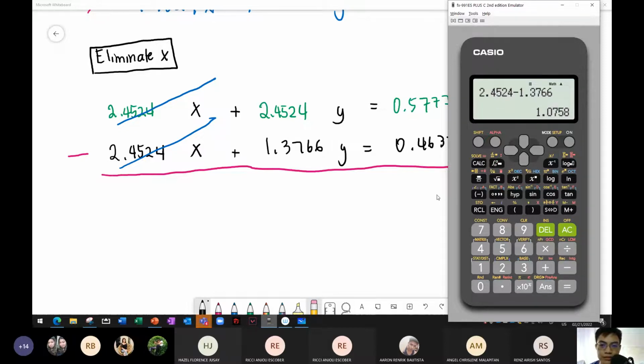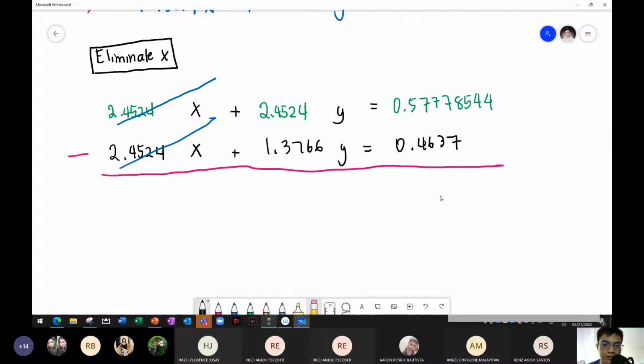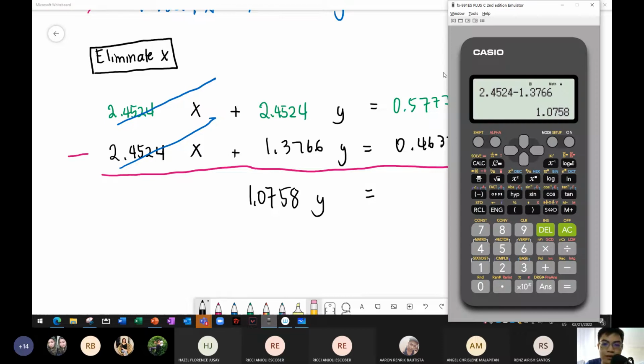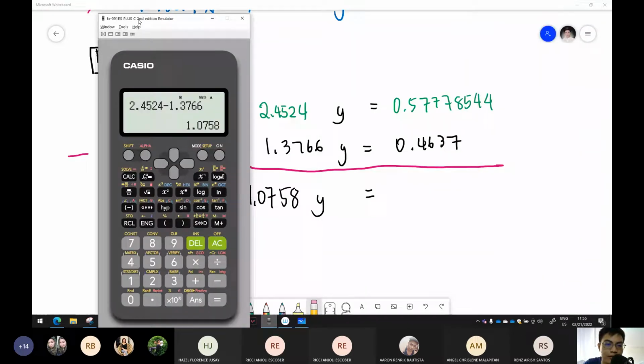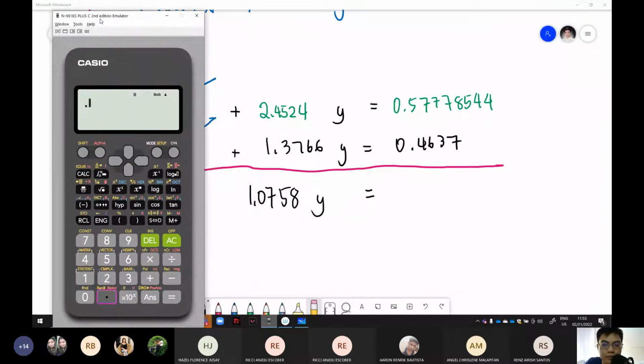Okay, 10758. Okay. Subtract ko naman yung nasa right side. Okay, so 0.5777, 8544 minus 0.4637.